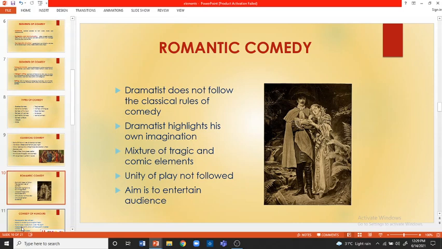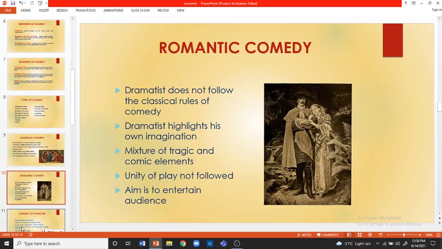In short, the dramatist does not follow the classical rules, and he writes what he thinks and imagines. He is free to do what he wants. And one more very important thing: in classical comedy, tragedy is tragedy and comedy is comedy.